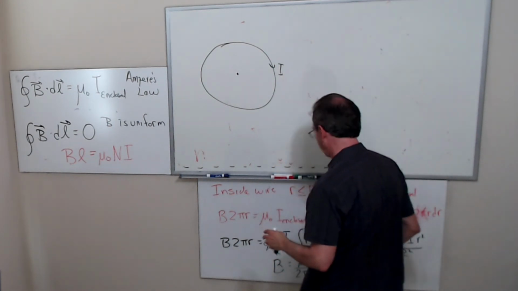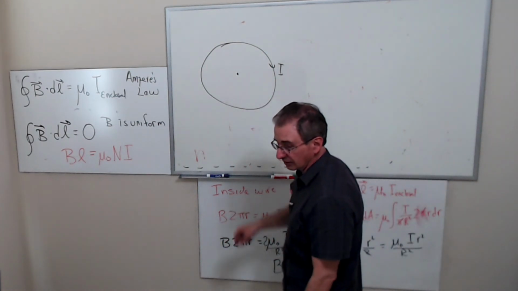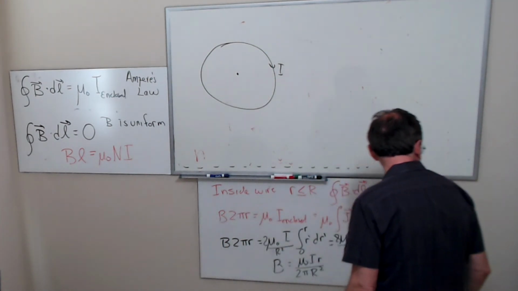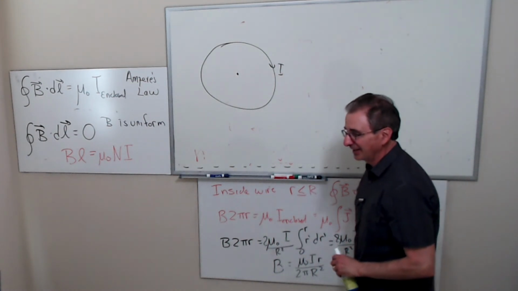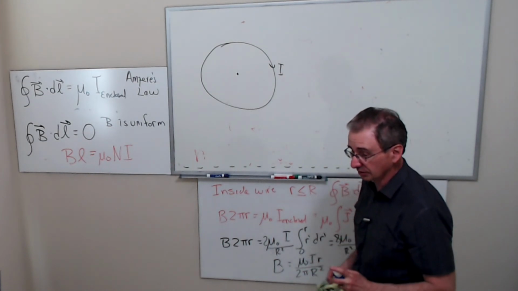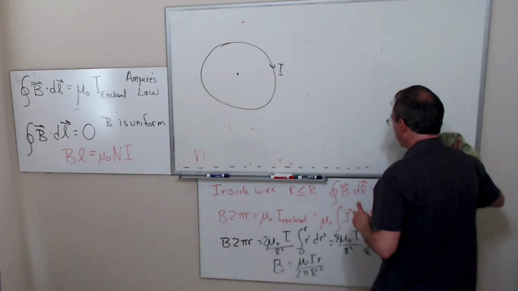Now the problem with the Biot-Savart law when you're away from the center is that the integral is not doable. Meaning, and I've got to be careful with my word choice, it doesn't mean it's not doable. It just means you don't have an analytical expression. Right. You have to do it numerically.